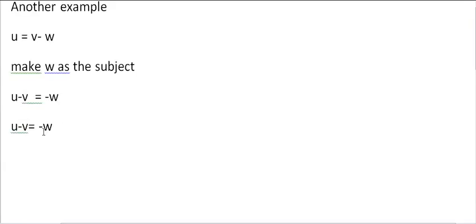To make the subject positive, you multiply negative w by negative. Because you have multiplied it with negative, naturally to balance the equation, you multiply the left hand side also by negative.